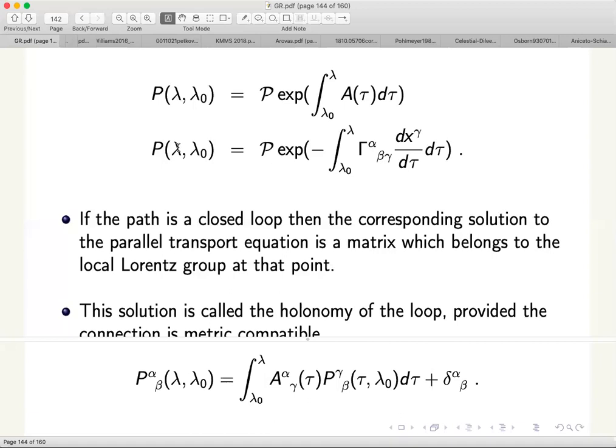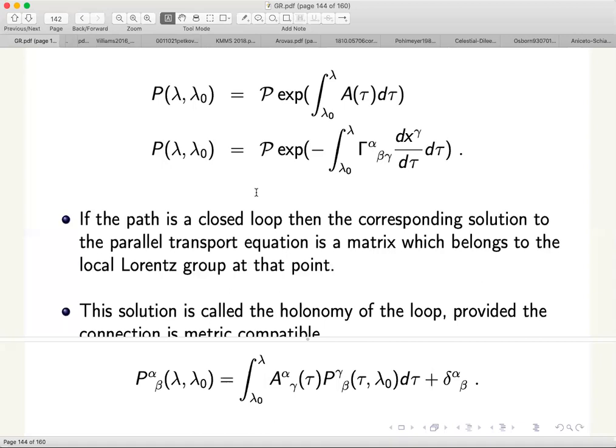Because locally, using the equivalence principle, you can always convert the space to be flat. If you have locally Minkowski space, then the symmetry of that space is Lorentz symmetry, and therefore you could relate those two vectors by doing local Lorentz transformations.